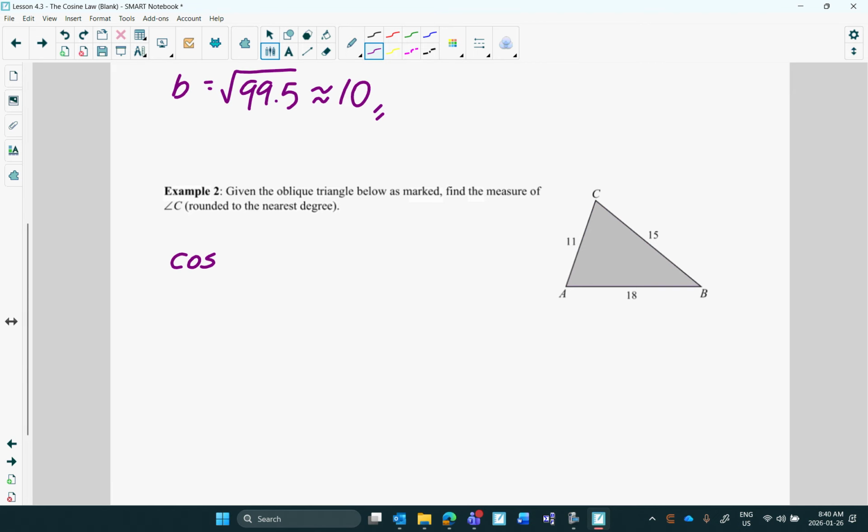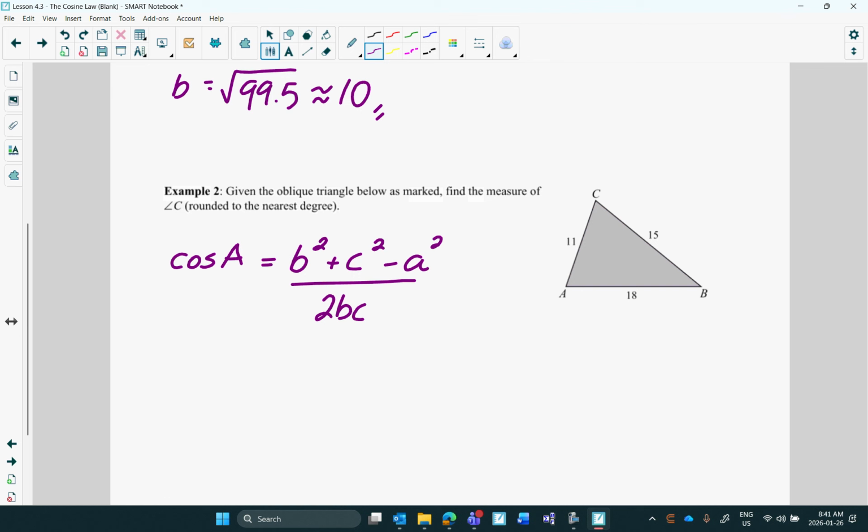So if I wanted to find the cos of angle A, I would take the other two sides from little a, b squared plus c squared, minus the side opposite angle A squared, divided by 2 times these other two sides.